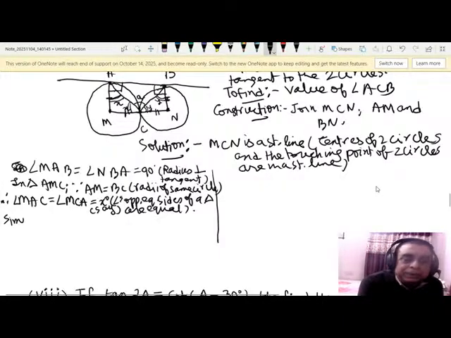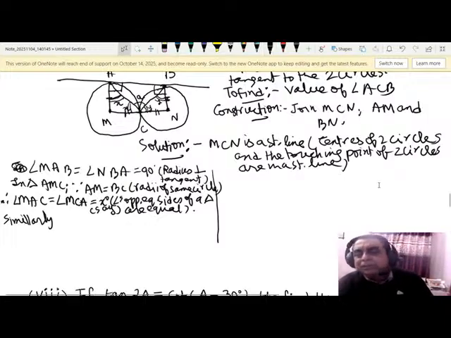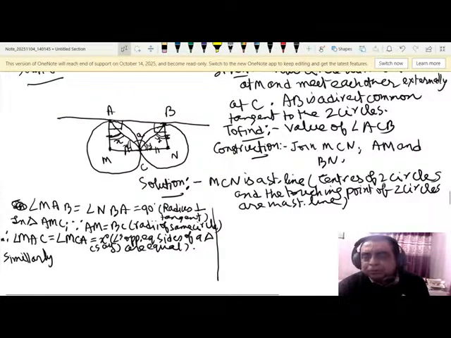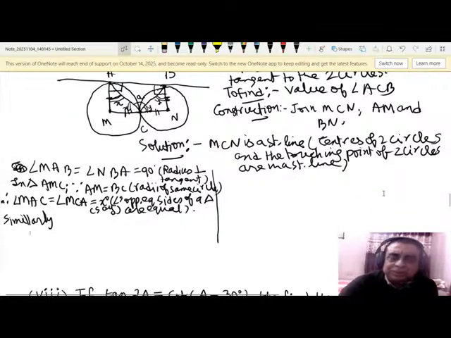Similarly, when the proof is of the same type, or we are writing the same type of reason, we will write "similarly" only in geometrical working.